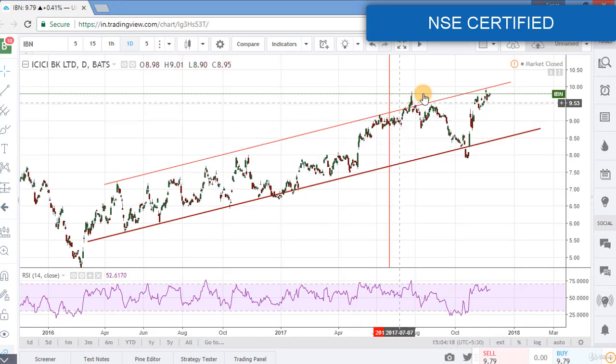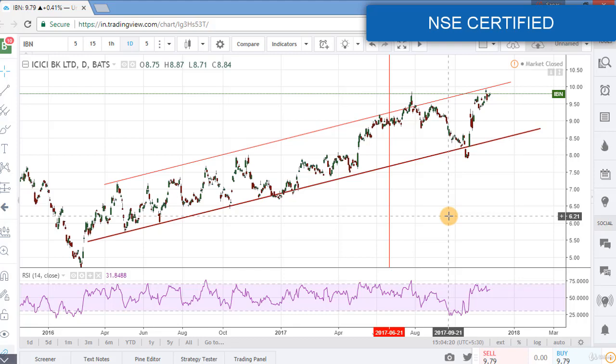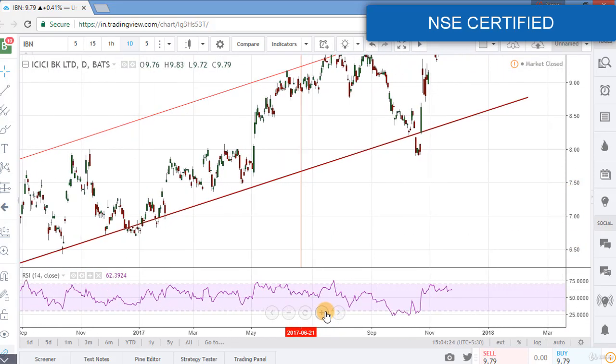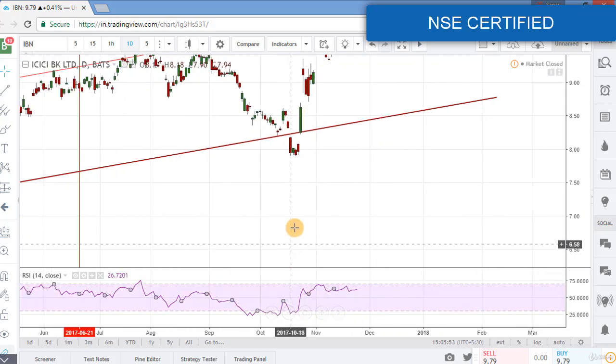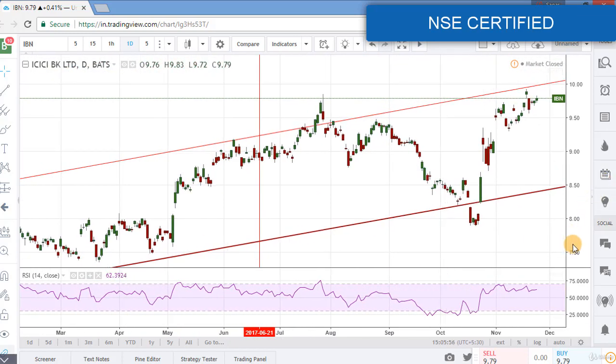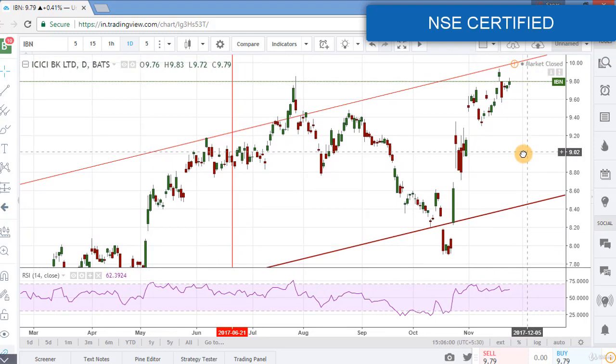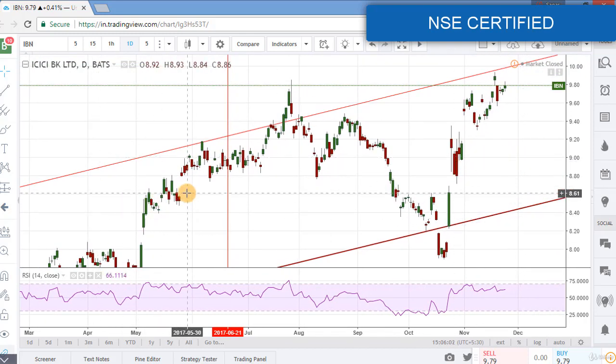Now we will analyze the portion after that date. So I will zoom in the chart. Now see, this was the point where IBM was trading and this was the level 8.91.